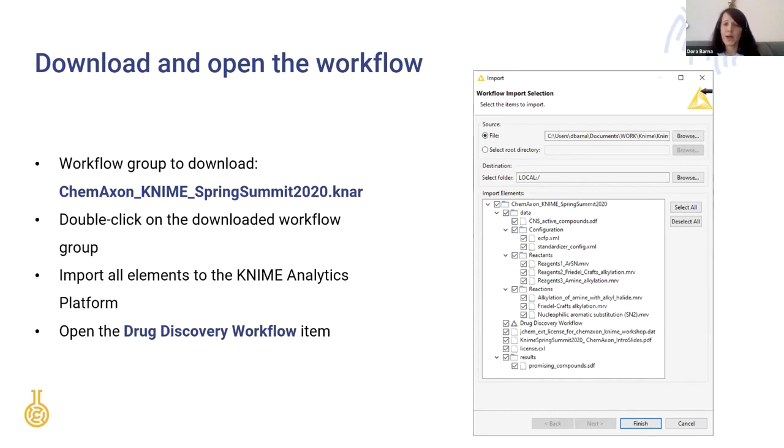This workflow group file contains, beside the actual KNIME workflow that we will use today and which is called drug discovery workflow, so this one here, every input and every configuration file, and also the final output, the final result file, and finally the necessary evaluation licenses, along with the slides that I'm using right now.